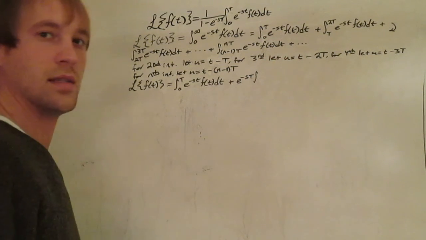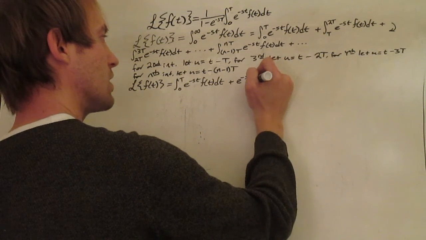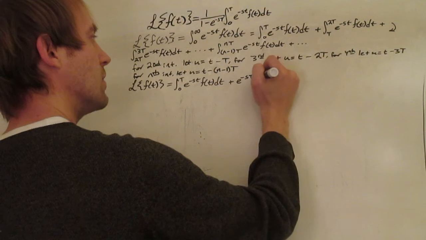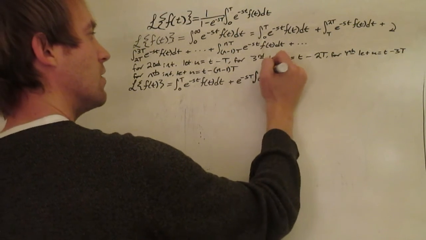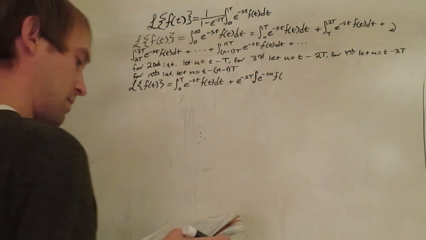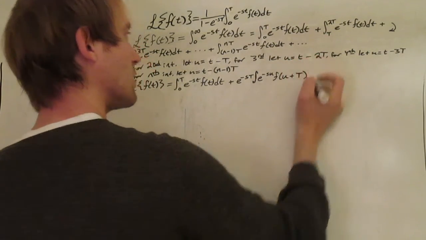I did this in my last video. You can watch that and review how I took that out. But we have e to the negative su, f of u plus capital T.